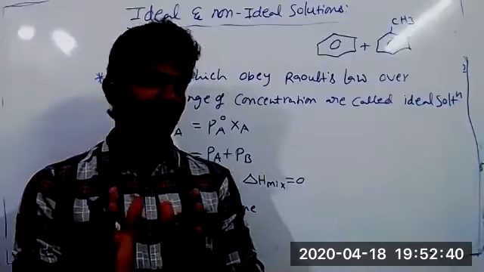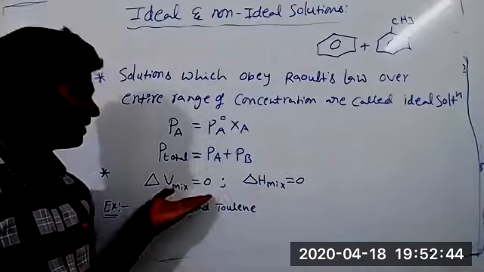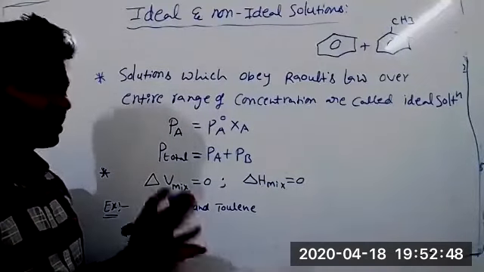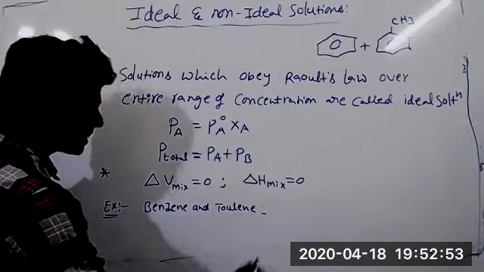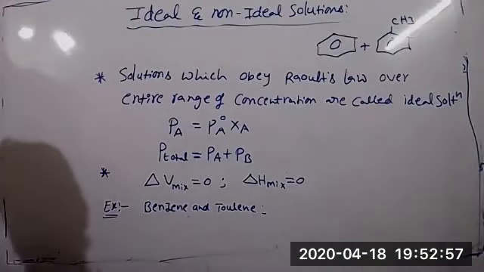Think for 1 minute. If I give a non-ideal solution, you can get an idea of what enthalpy of mixing and volume of mixing are. In a non-ideal solution, it will be clear. First write examples: benzene and toluene. In the material many examples are given, I am giving just the first 2 or 3 examples only.